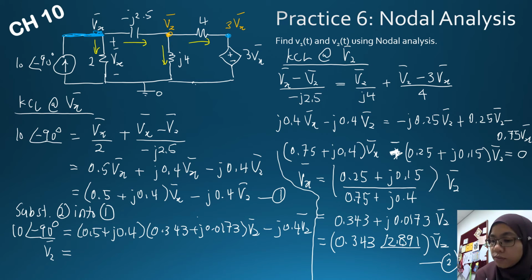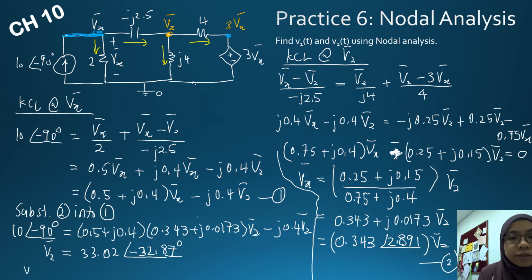V2 is equal to 27.857. Oops, sorry. V2 is equal to 33.02 at negative 32.87 degrees.